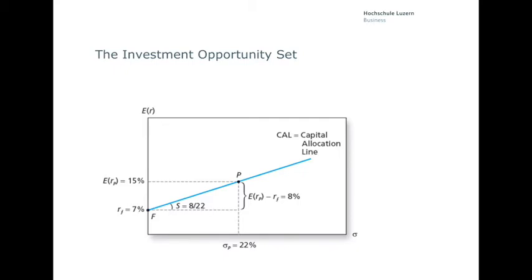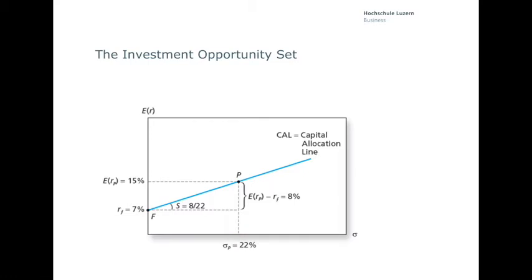The next step is to plot the portfolio characteristics with various choices for y. If we invest 100% in the risk-free asset, our expected return would be 7% with a standard deviation of 0, as shown in portfolio F. If we invest 100% in the risky portfolio, our expected return would be 15% with a standard deviation of 22%.